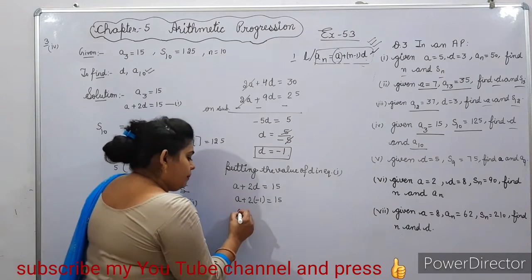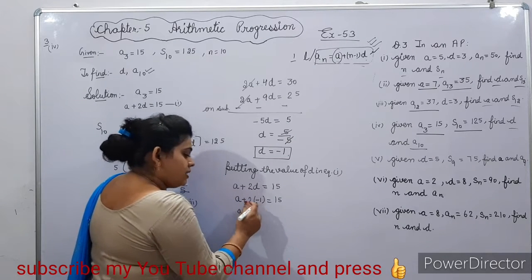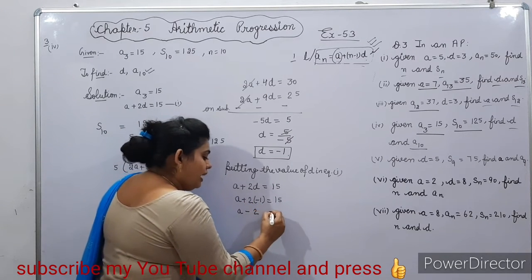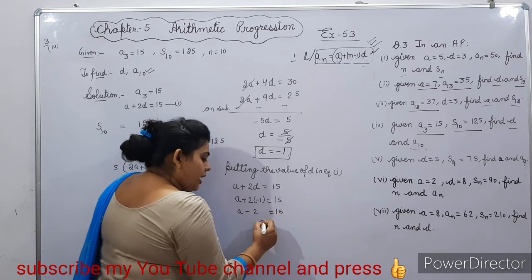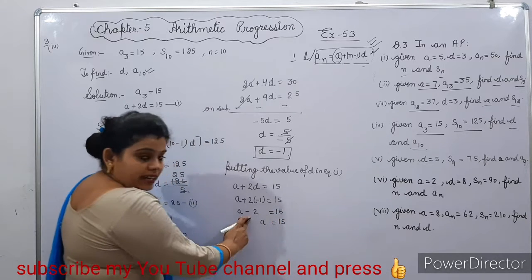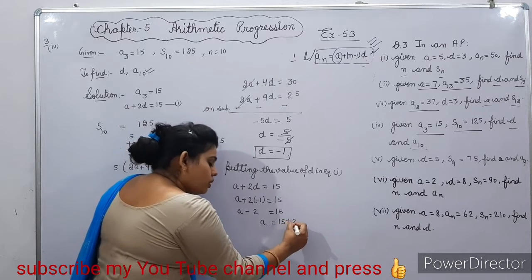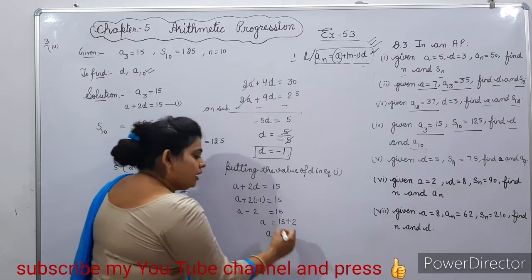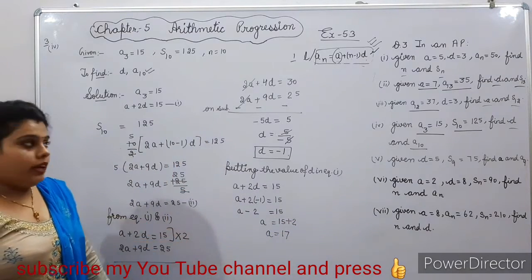Now a plus minus minus, 2 ones are 2, and it is equal to 15. a is equal to 15 minus 2, which becomes a is equal to 17. Now we get the value of a.